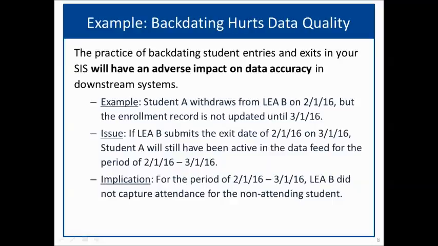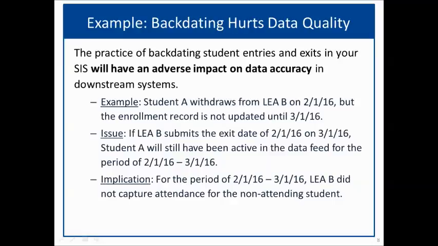The issue here is that if LEA B submits that exit date of February 1 on March 1, that student will have been active in the data feed for that entire period between February 1 and March 1. The implication for that is that for that 1 month period, the LEA would not have captured attendance for the non-attending student.